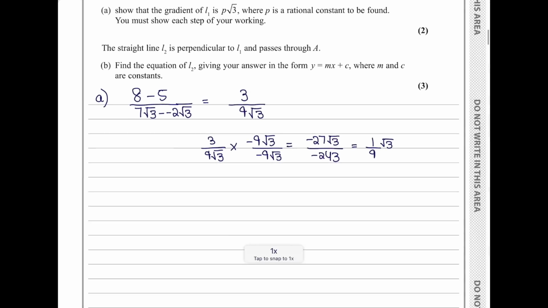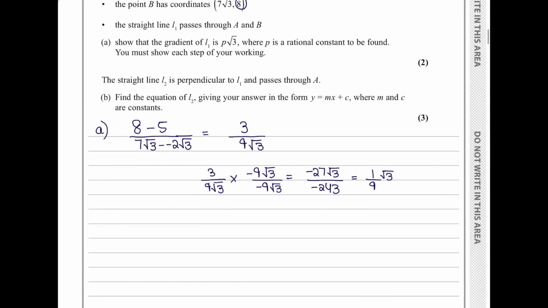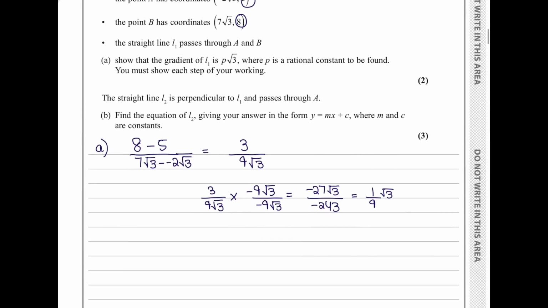So that's my answer, and 1 over 9 is a rational constant.